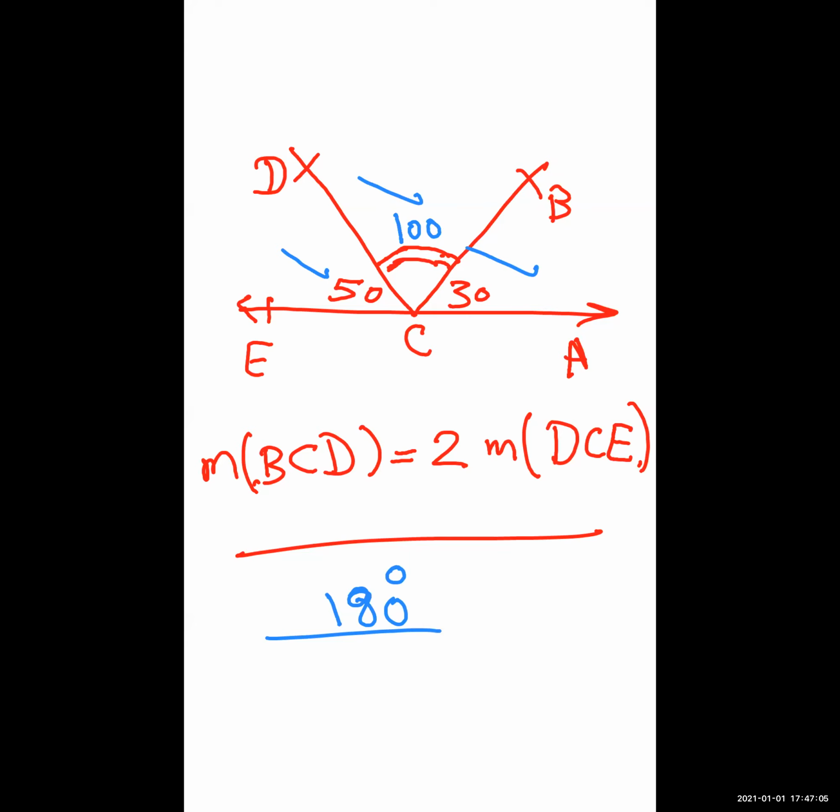Okay. One more point. If there are two adjacent angles like this, this one is A and this one is B, this one is C and this one is D, for example.